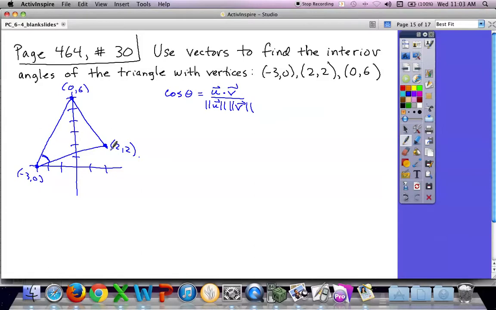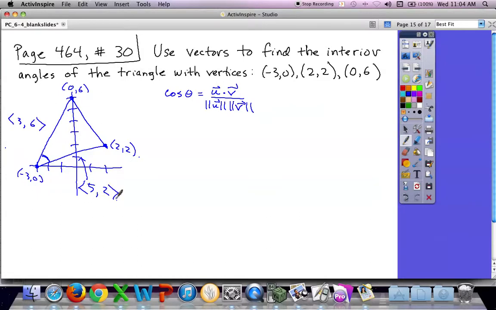How do I find those vectors? Subtract. This vector is 0 minus -3 is 3, 6 minus 0 is 6. What is this other vector? 2 minus -3, 5, and 2 minus 0, 2.